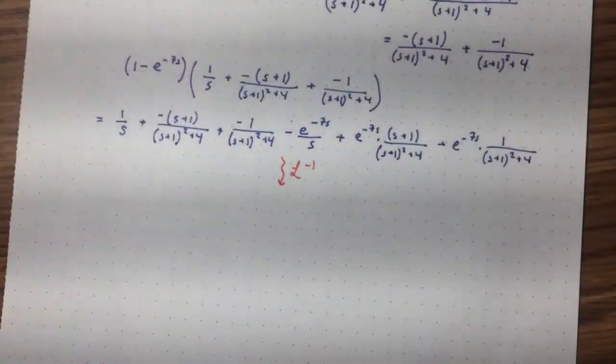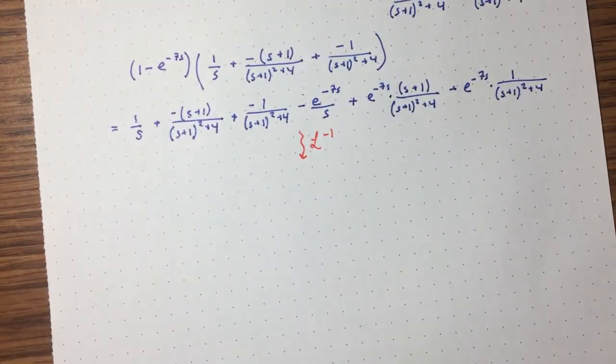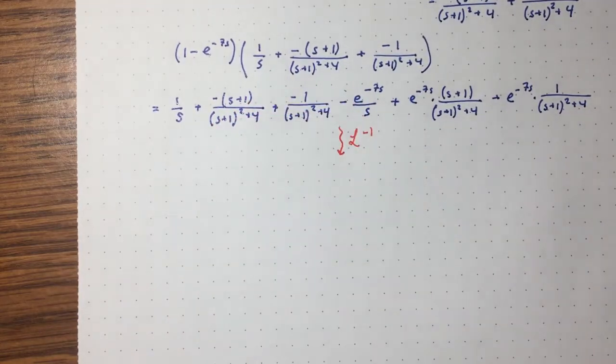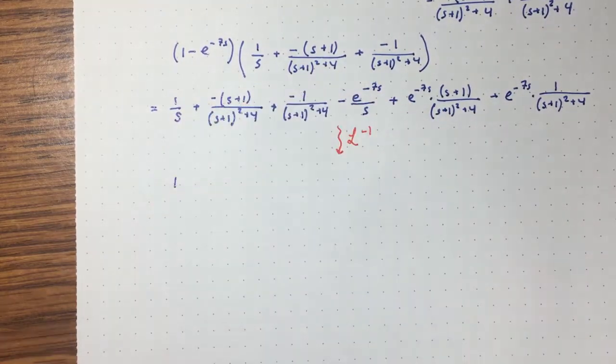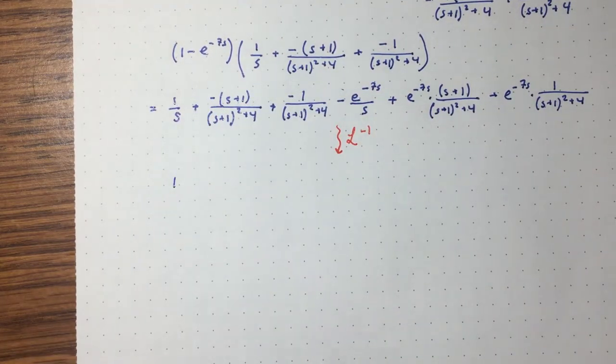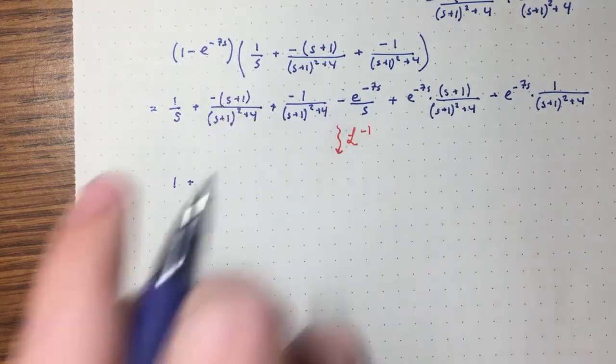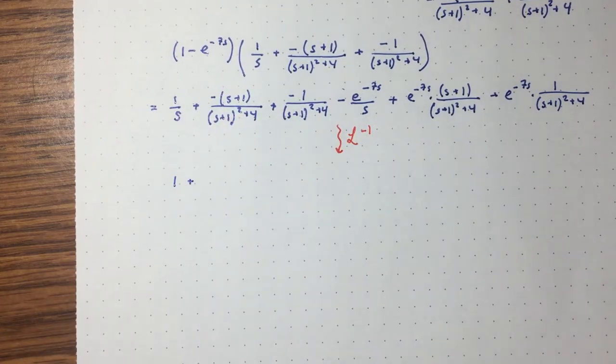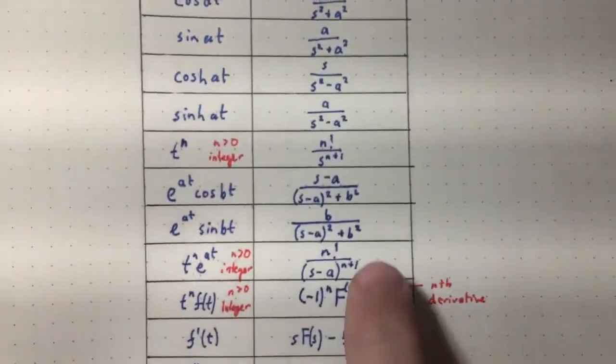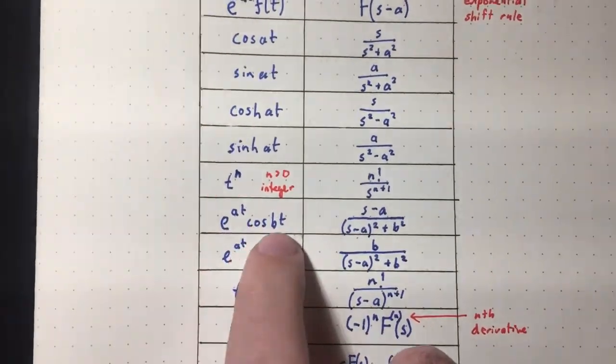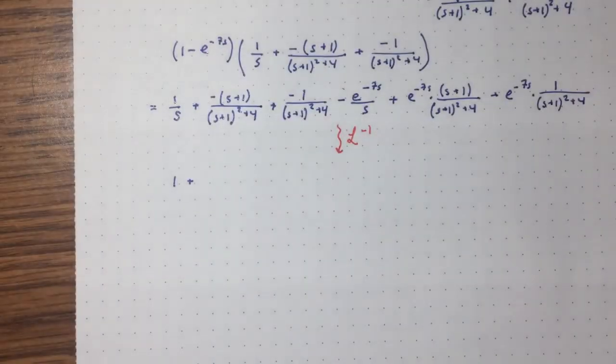Hopefully by now some of these are starting to look familiar, right? 1 over s, that is the Laplace transform of 1, right? What is this bit here? This is the exponential times the cosine. So what is a and b here?